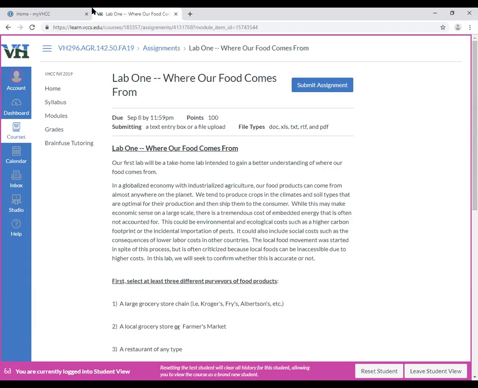Or you can also just submit it directly into this submit assignment prompt. It'll give you a text box itself. But just do that by September 8th. That way, on that following Monday, we can have a little bit of discussion on that. Anybody have any questions, comments, or concerns there?